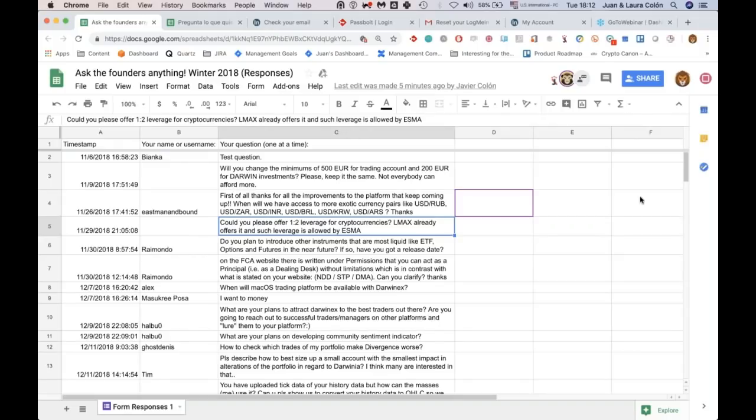If you take into account how the risk engine of the Darwin works, right now it needs the volatility to be more or less stable compared to other currencies.